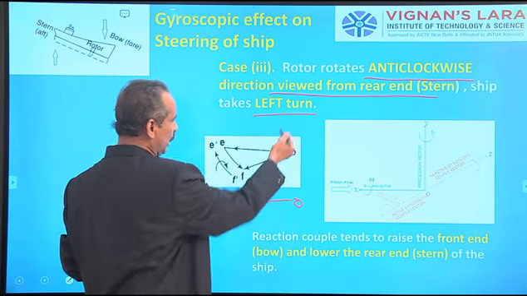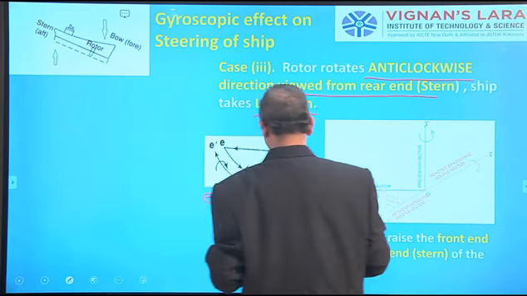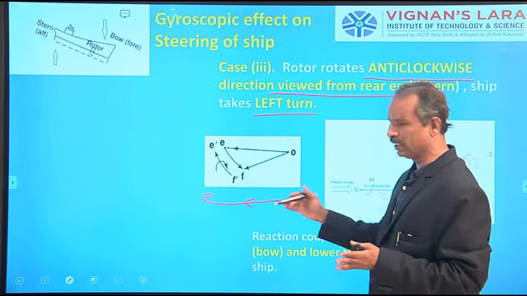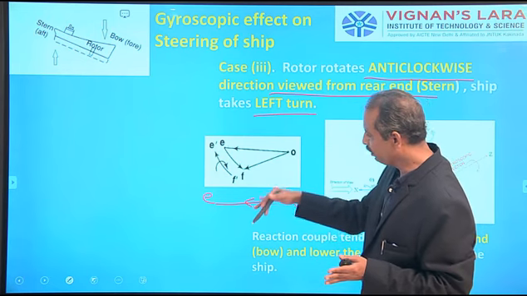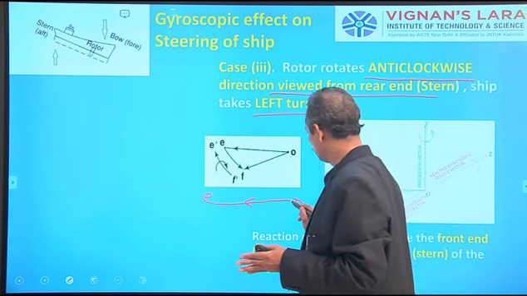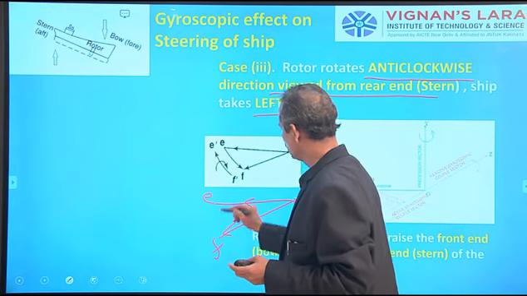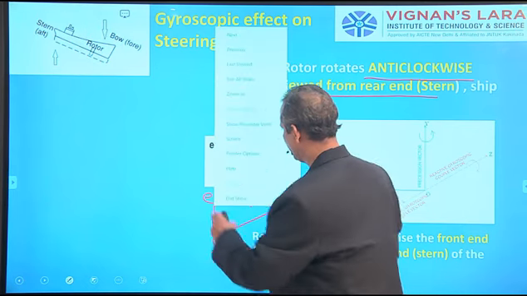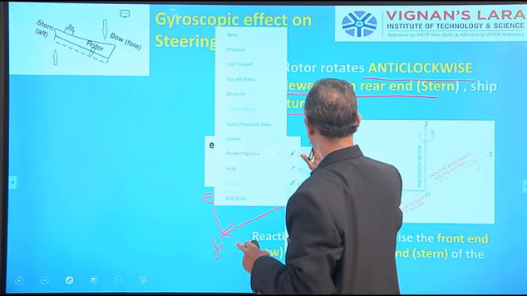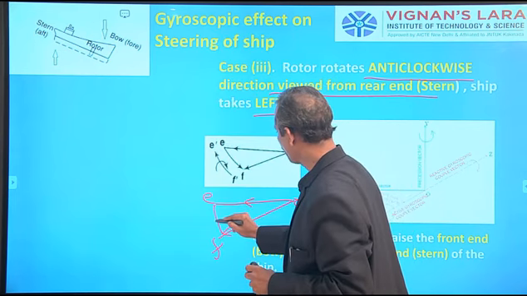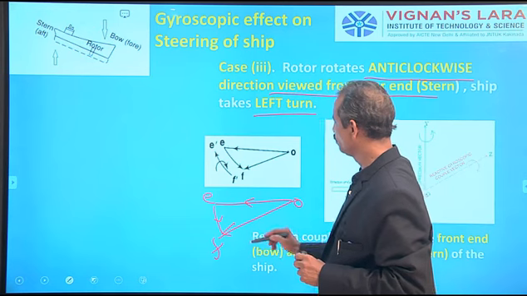Now, what type of turn I have to take? Let me stand here and decide left for this. So, if you look at from the top, left is this. If I want to have a turn like this, I have to apply a force like EF.